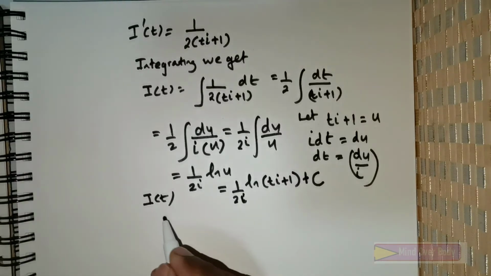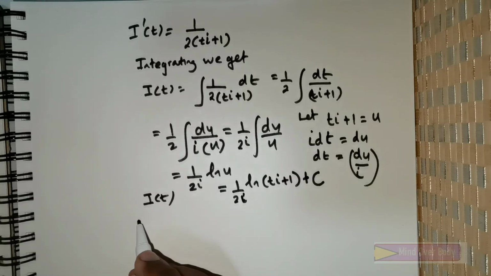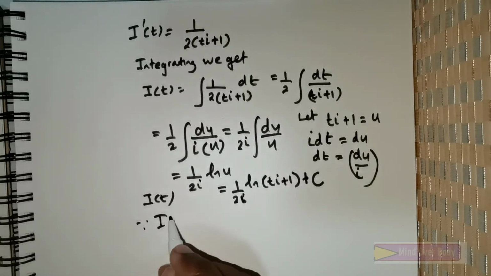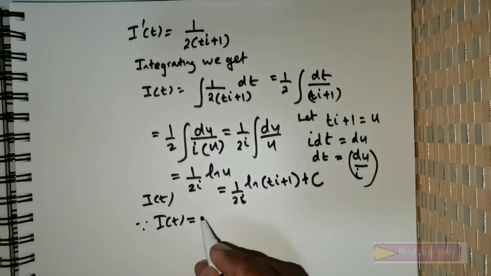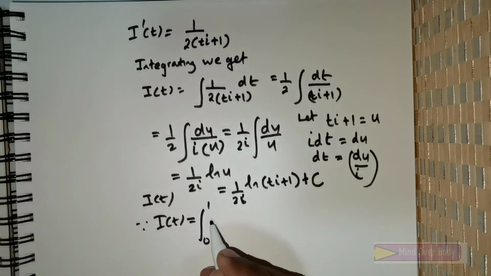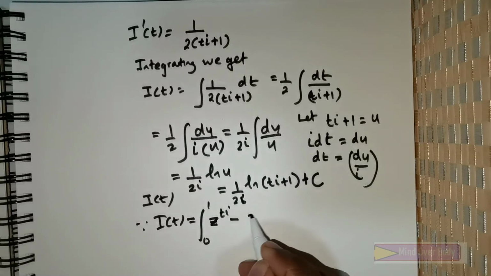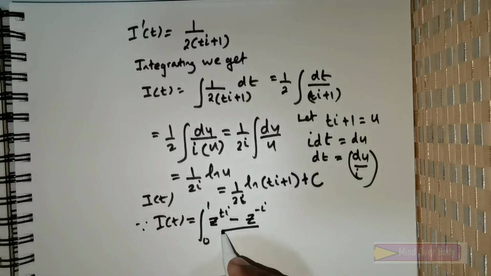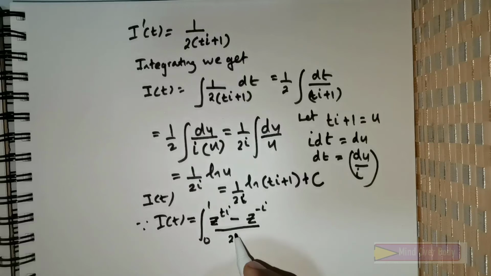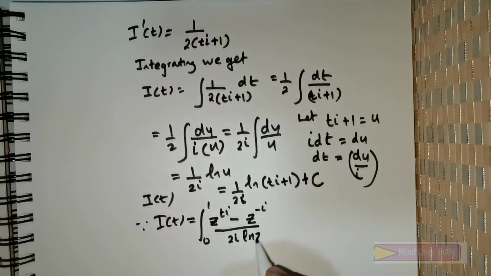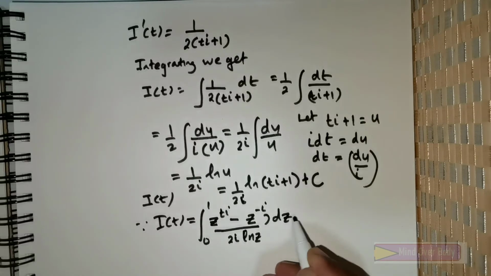Now what is I of t? We defined I of t as follows. I of t is integral 0 to 1 z raised to the power ti minus z raised to the power negative i divided by 2 times i ln z times dz.